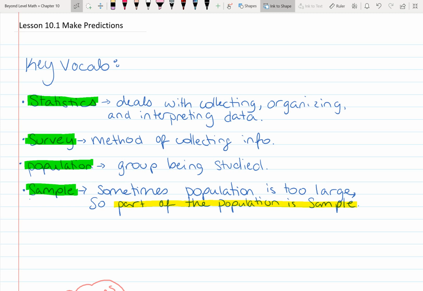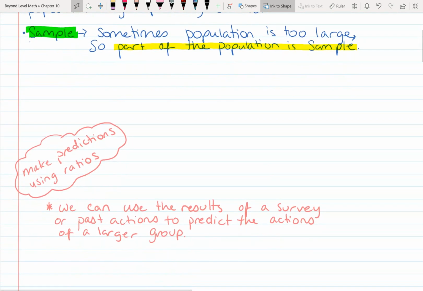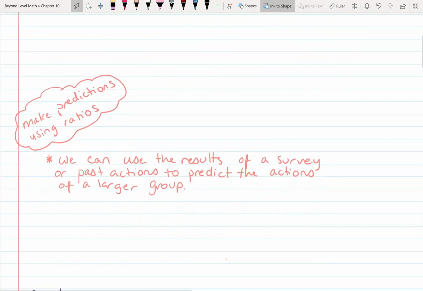Or 5 6th graders from each school in the state of Kentucky, right? And so a sample is a smaller portion of the population, and we can use the sample to make predictions about the whole. Alrighty, so we can use the results of a survey or past actions to predict the actions of a larger group.